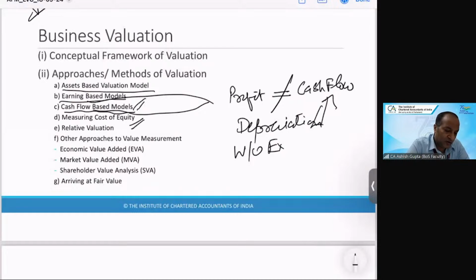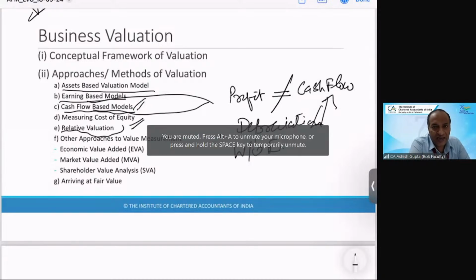Then measuring the cost of equity. Here we consider the approach of CAPM, the asset pricing theory covered in our portfolio management. Then relative valuation. Generally, what happens is that to carry out the valuation of a new company, the existing older companies are used as the basis for valuation.